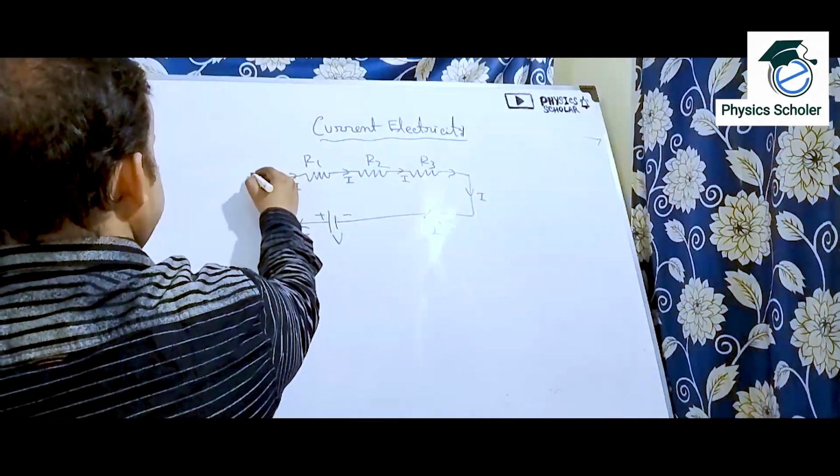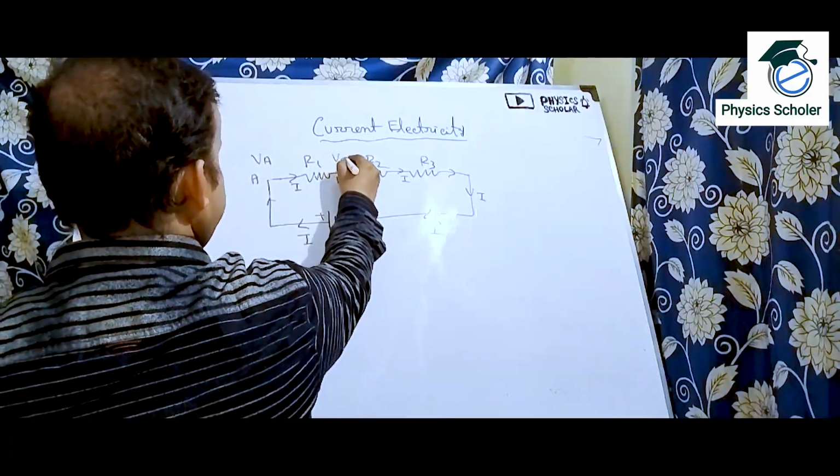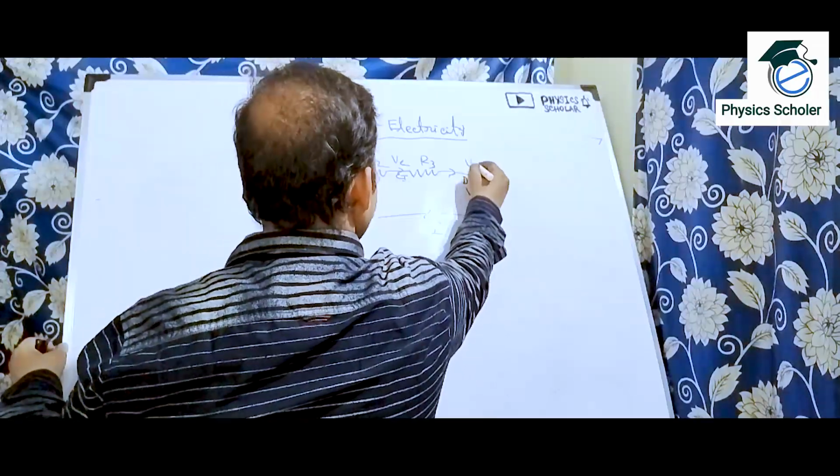This is A, it will be VA, this is B, it will be VB, this is C, it will be VC, this is D, it will be VD.